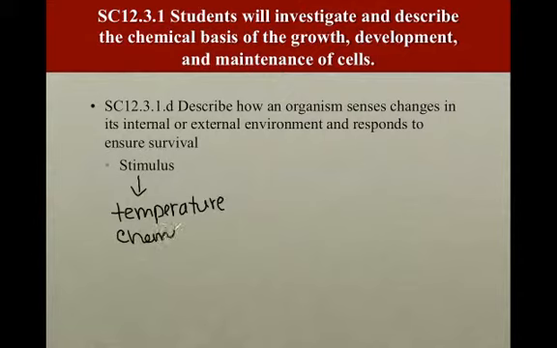Chemicals. Some microorganisms are repelled by certain chemicals. Light. Sunflowers follow the light. Okay, those kinds of stimuli are what I was thinking of, because we'll talk about predator and prey in the biodiversity part and ecosystems.